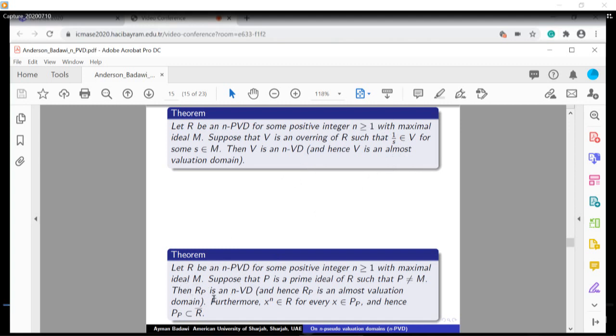So definitely you get this for free from this result, because the prime ideal is not equal to M, and that's crucial. In fact, if the prime ideal equals M, then the localization will be just R. Yeah, definitely.